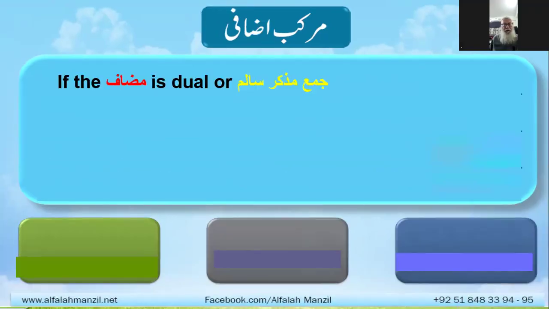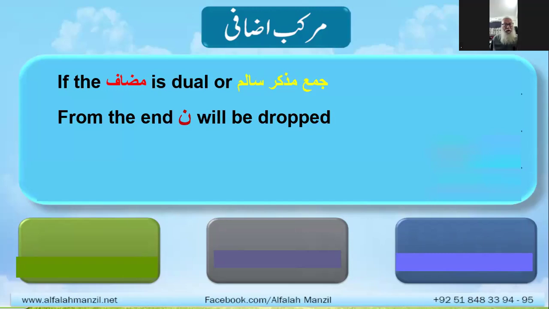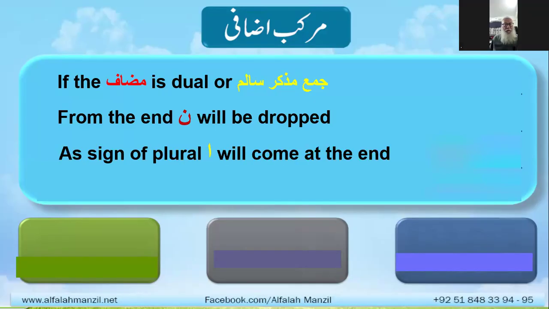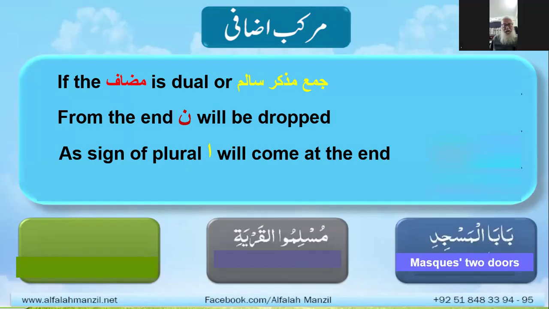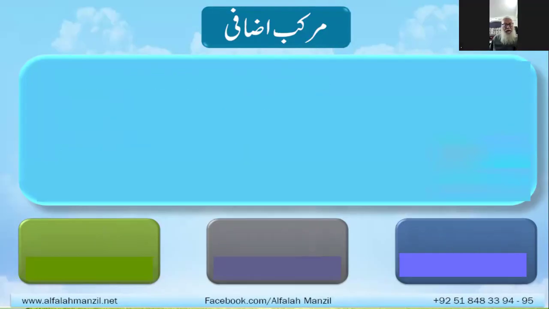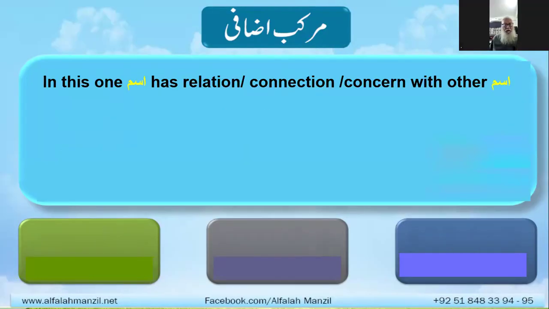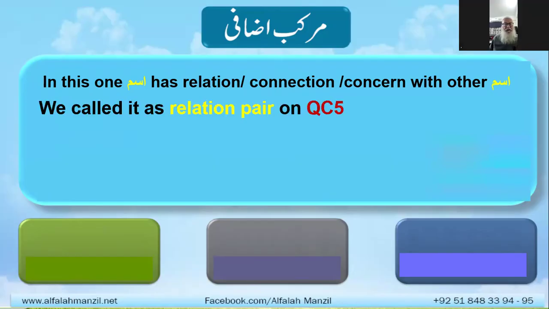Then we saw the Murakkab Izafi. If the mudaf is dual or jama muzakkar salim, the final noon will be dropped as a sign of a plural, just like Babul Masjidi, Muslimul Qariya, Mursilun Naqa. In the Murakkab Izafi, an ism has relation, connection or concern with another ism.